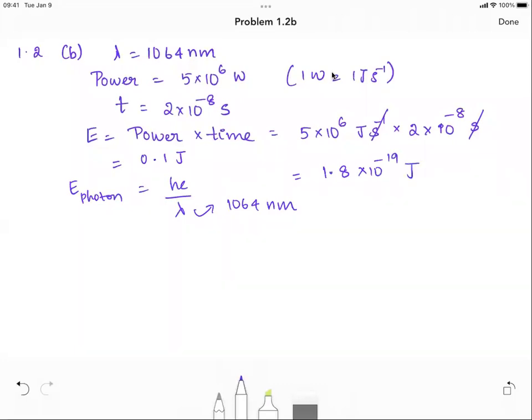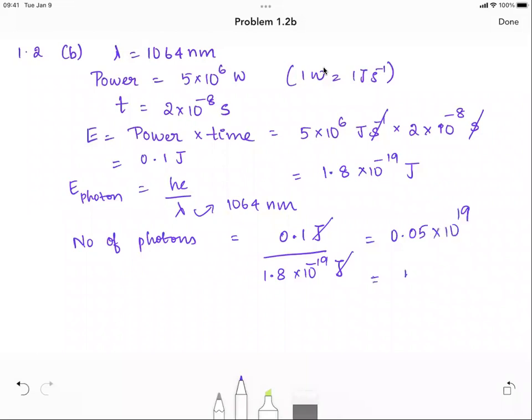Right, so the number of photons would be 0.1 joule divided by 1.8 times 10 to the negative 19 joule. Now solving this will give us 0.05 times 10 to the 19, or approximately 5 times 10 to the 17 photons.